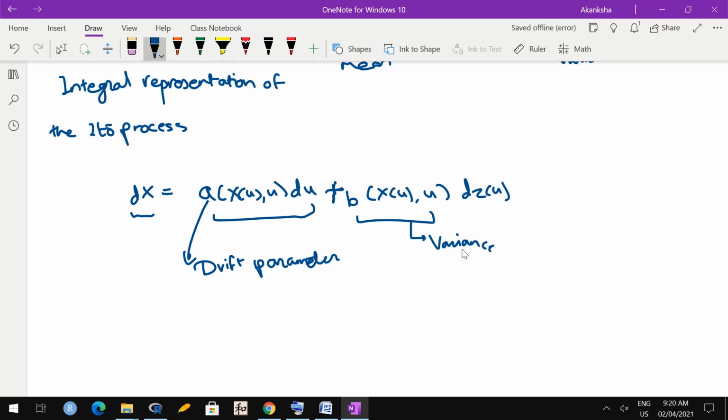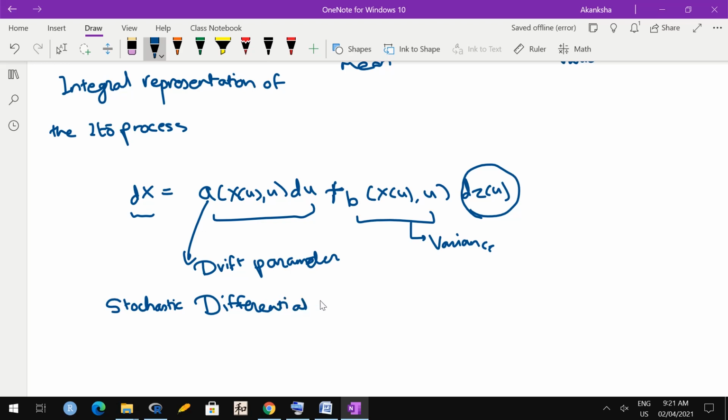So this is a differential equation. I hope you have studied differential equations in mathematics. This is a differential equation, but it is not an ordinary differential equation. It does have randomness coming into the picture, right? Z is a stochastic process. Hence, this is known as a stochastic differential equation, or SDE.